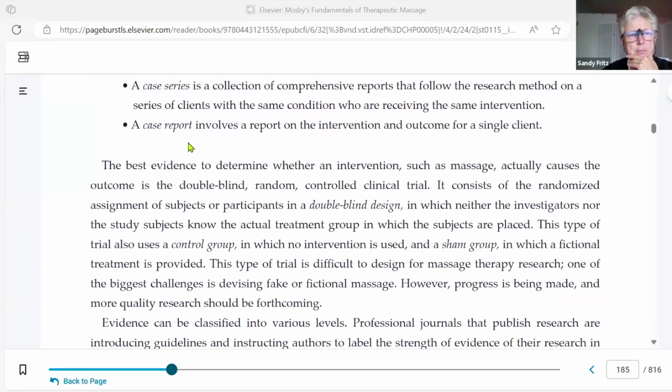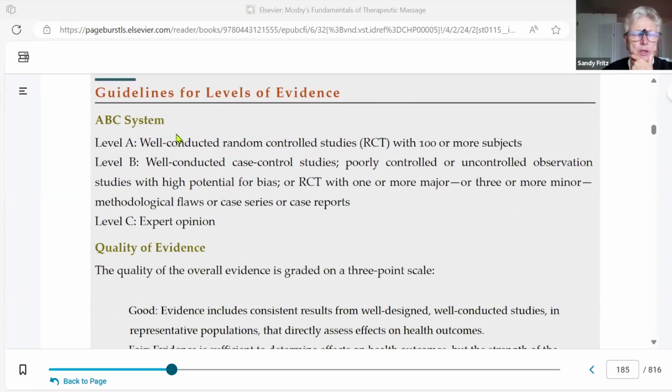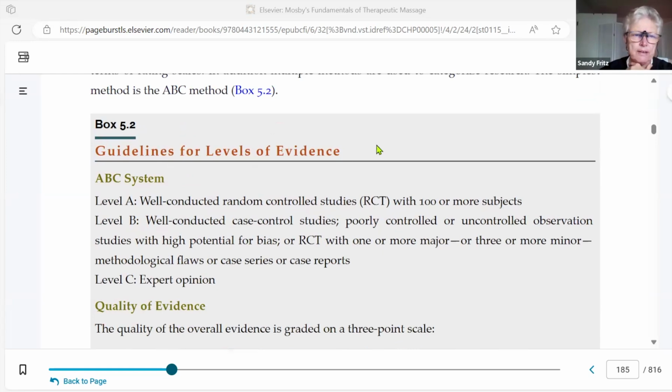The Massage Therapy Foundation actually has a case report contest, and you may want to explore that in the future. So the guidelines for levels of evidence is that you want the highest level that you can.